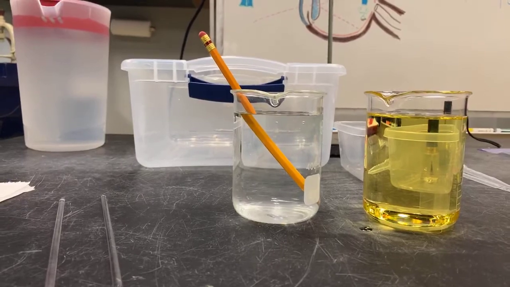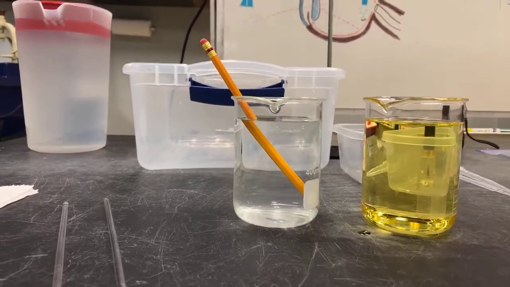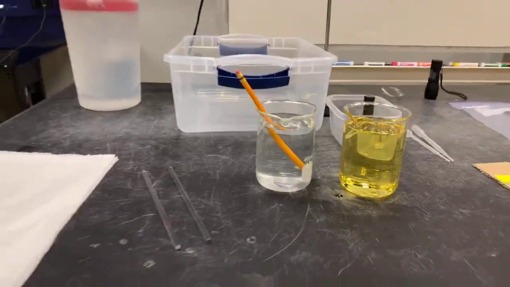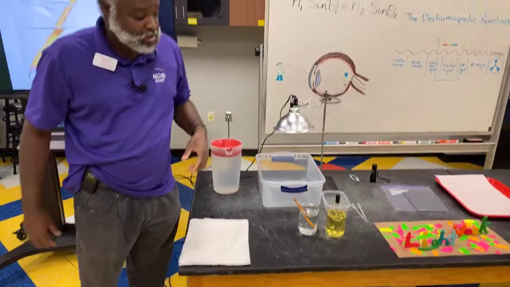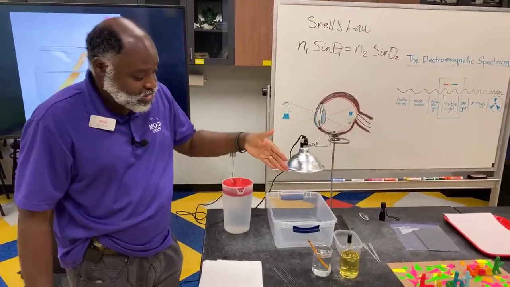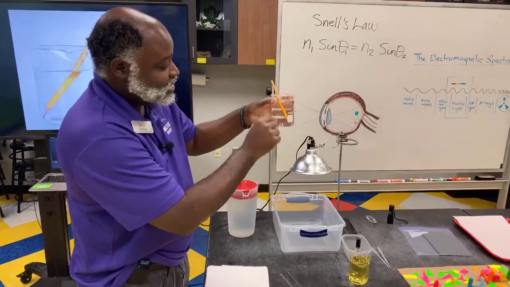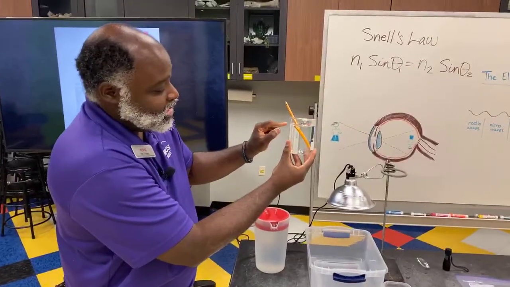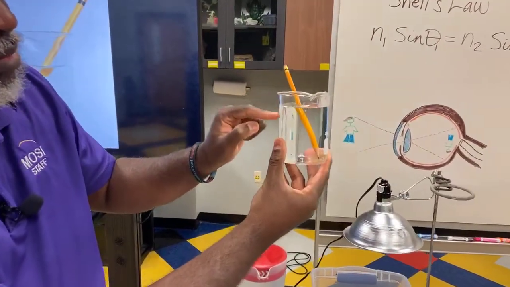So what refraction is, is when light penetrates and goes through water, air, oil, or something that we would call a medium, okay? Now, of course, this is the same size, but if you notice, it's kind of looking like it's at a different angle, okay?